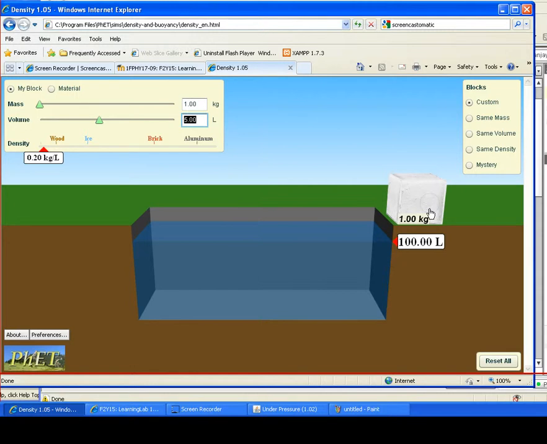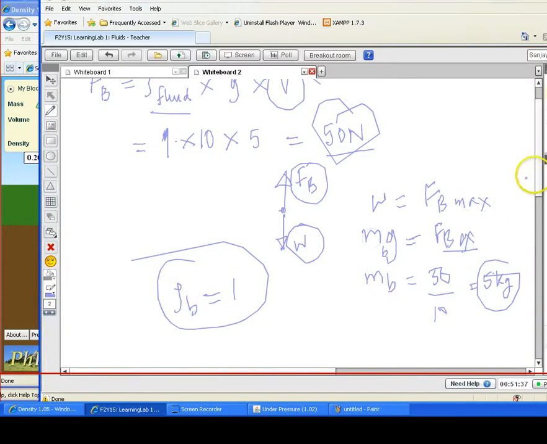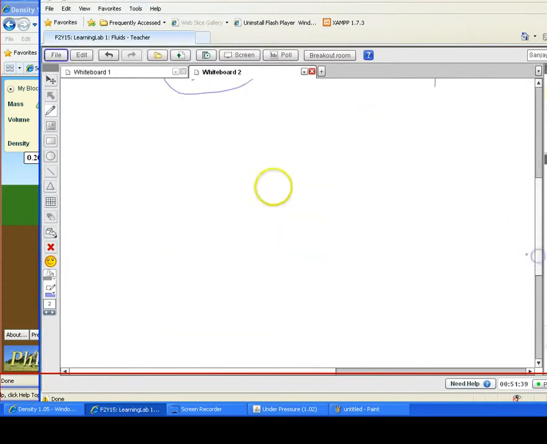Here's the block. We already submerged it fully, so we saw that the volume is 5 liters. We also calculated the maximum buoyancy force to be 50 newtons. Now if the mass is 1, then what's happening? Let's go back to the whiteboard. If I submerge this mass fully underwater, then FB, the maximum force of buoyancy, is 50 newtons.